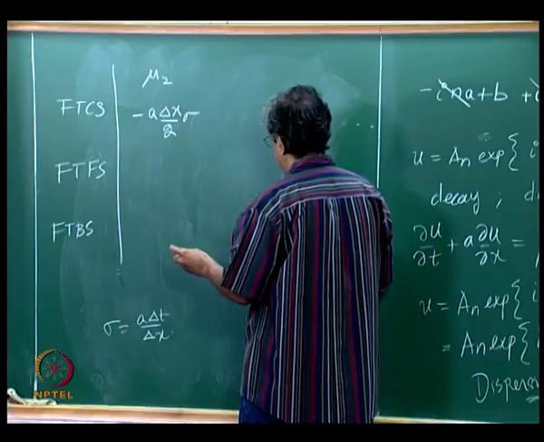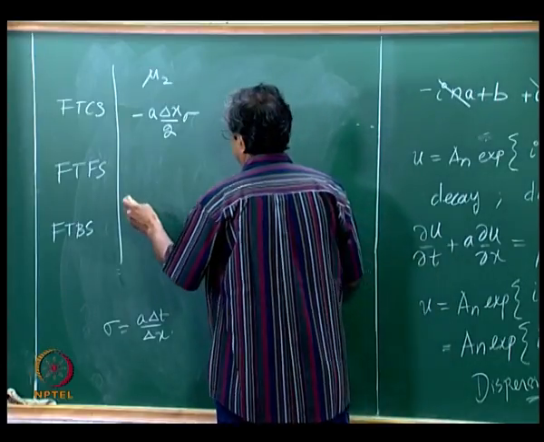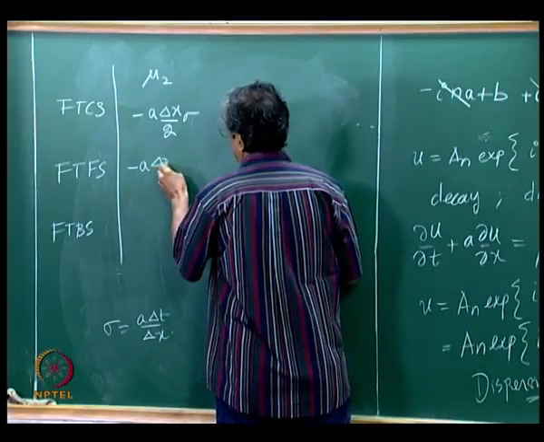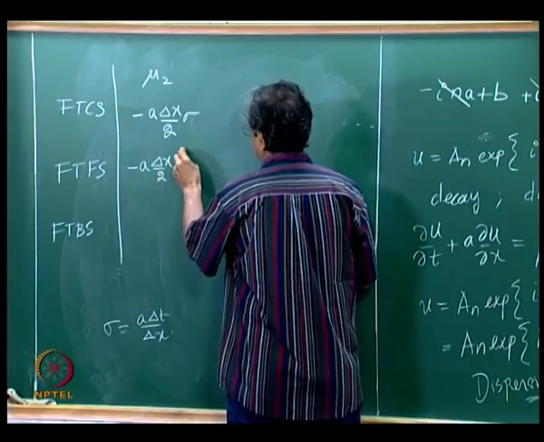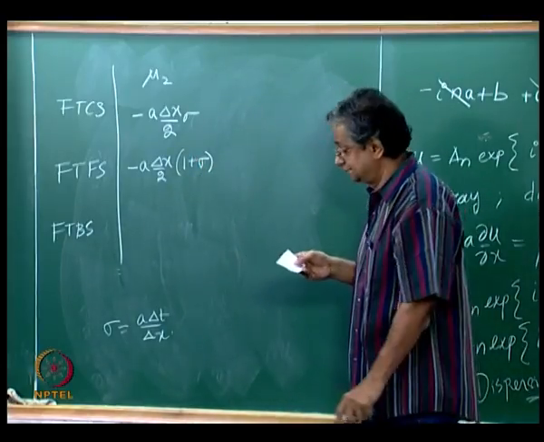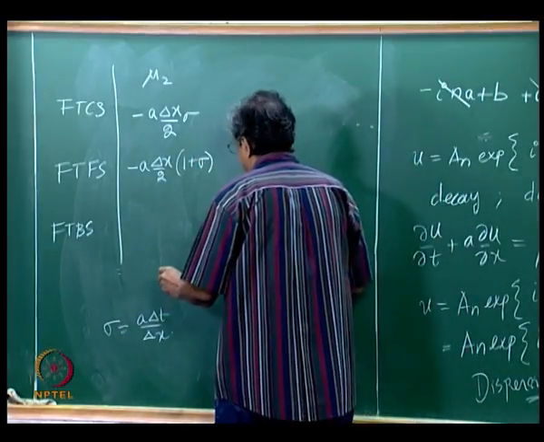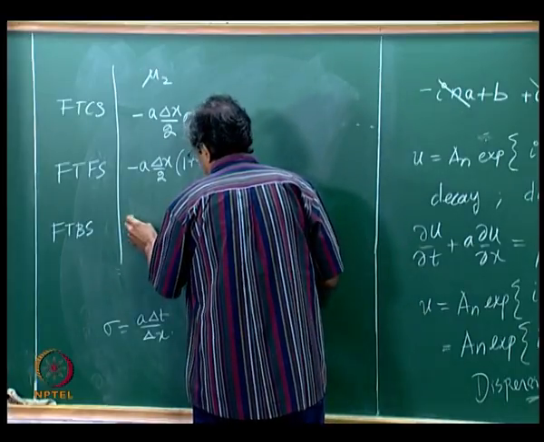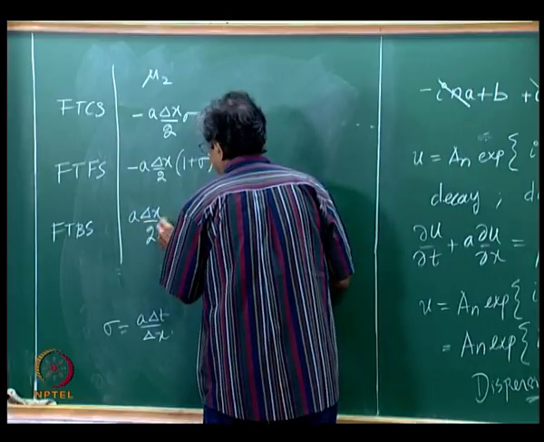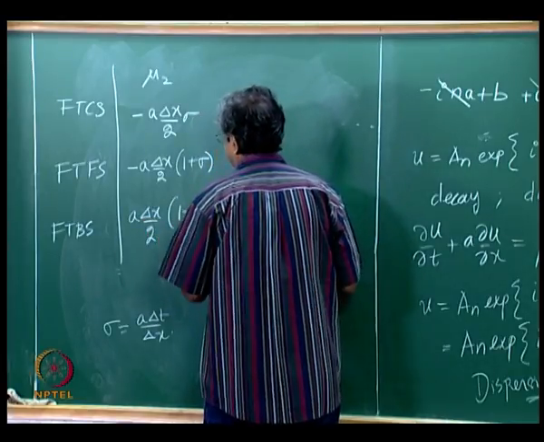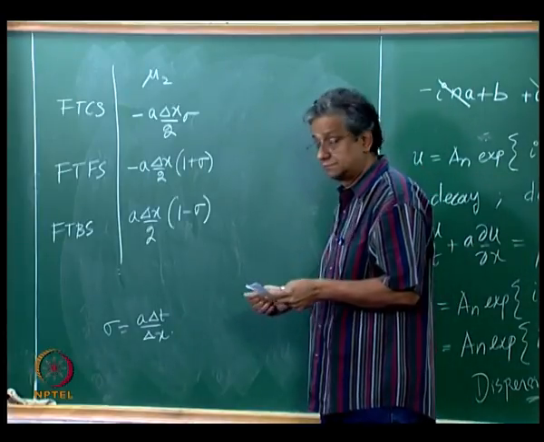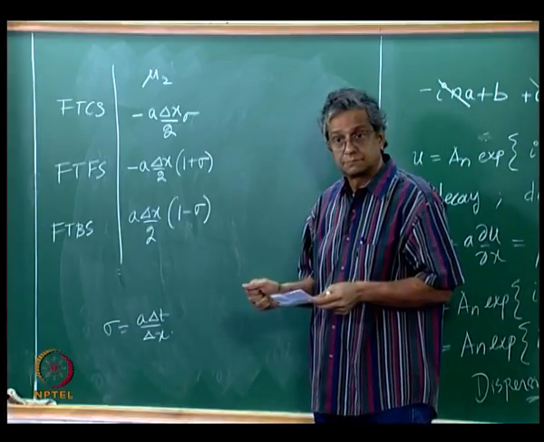Then FTFS mu2 happens to be minus A delta x by 2, that is the same for all of them, 1 plus sigma, and FTBS is A delta x by 2 times 1 minus sigma. You understand?